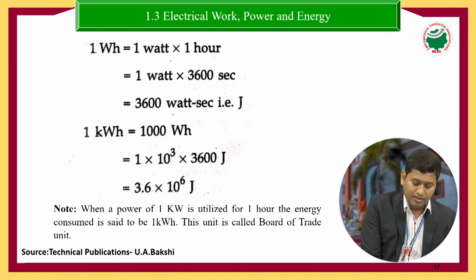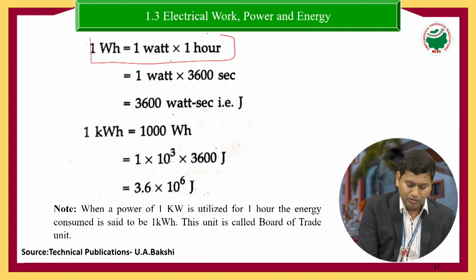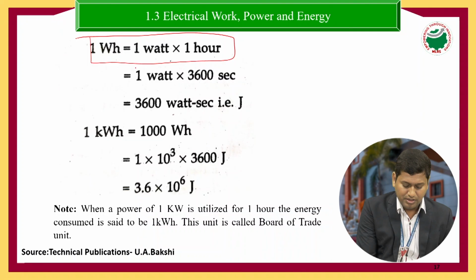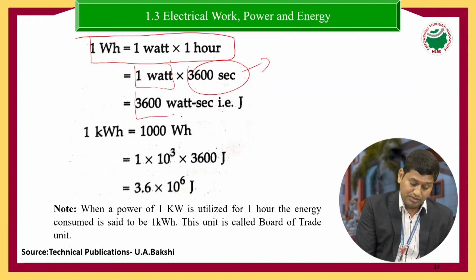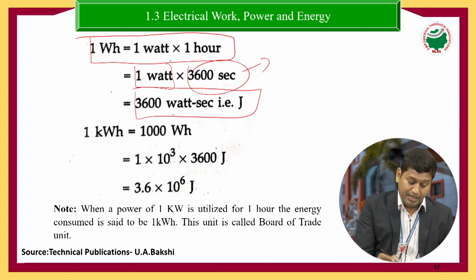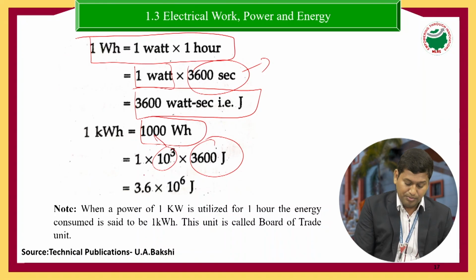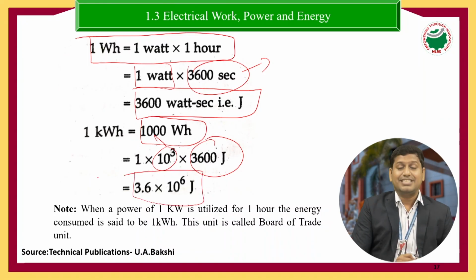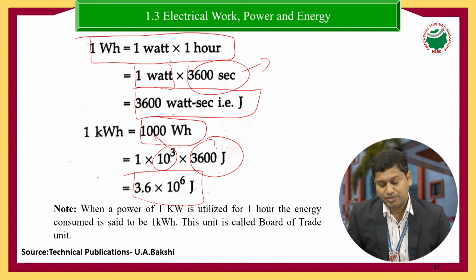So I can write 1 watt hour is equal to 1 watt into 1 hour, and the hour turned into seconds is equal to 3600 watt second. Again 1 kilowatt is equal to 1000 watt, 10 power 3 here. So 3600 joules. So 3.6 into 10 to the power of 6 joules.